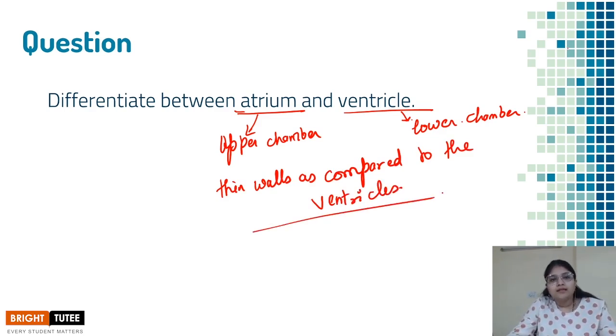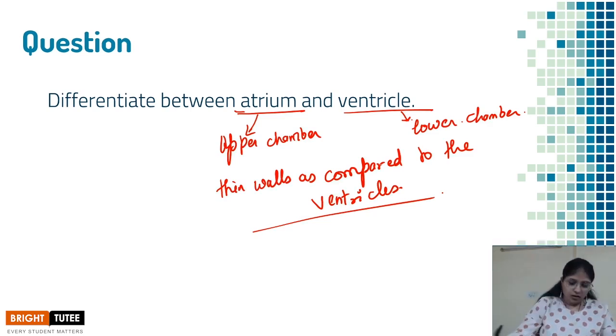So why does it have thin walls? Because the atrium receives the blood, and the contraction and relaxation of the ventricle causes the pumping of blood into the pulmonary artery or aorta, right? So that is why we see the difference of thickness of the wall in the atrium and the ventricle.